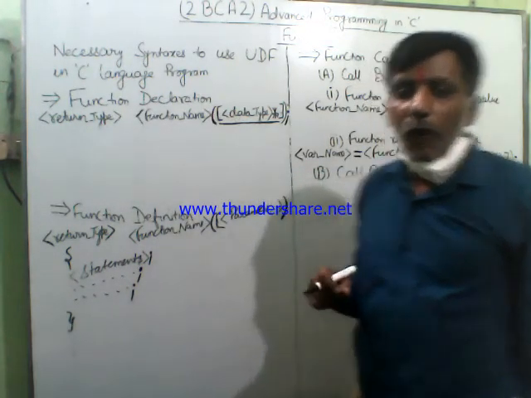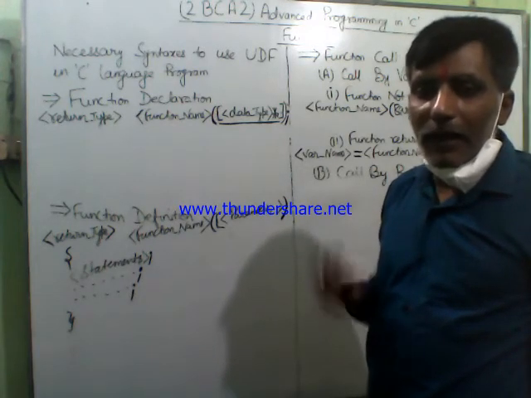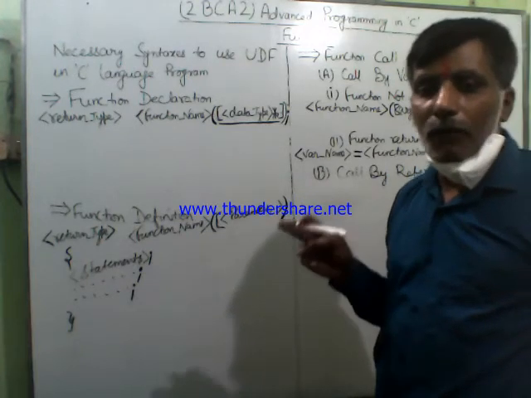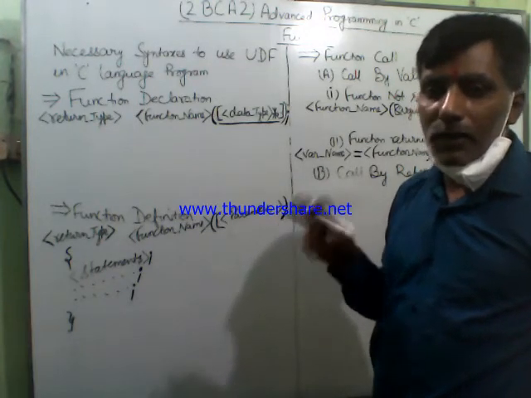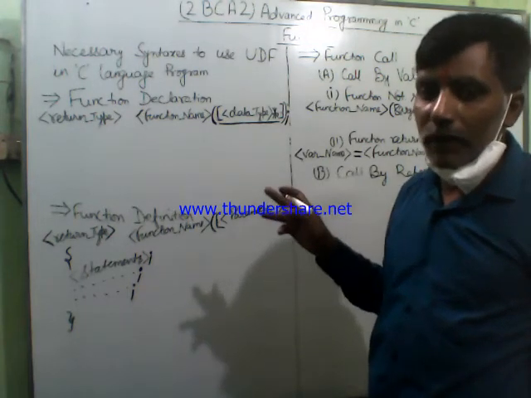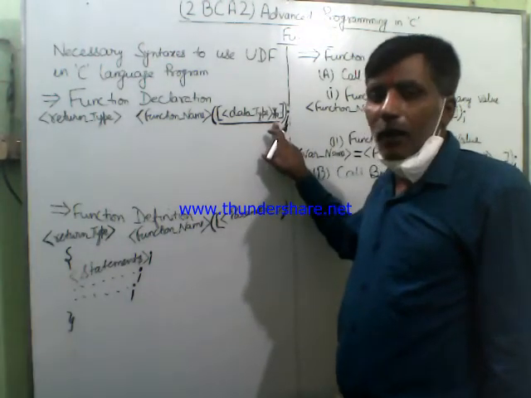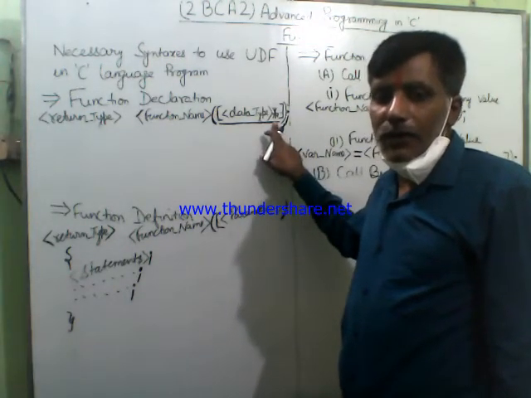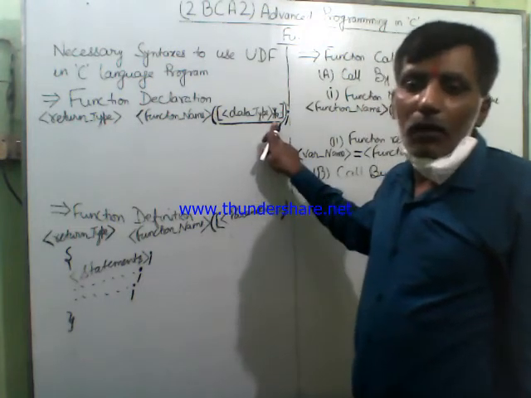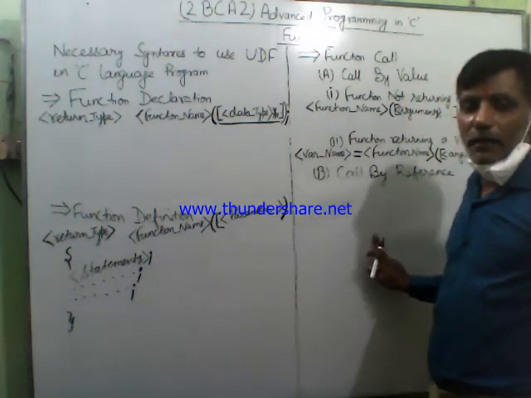But when you are going to call your user defined function by using call by reference method, then within the syntax of function declaration, you have to put the dereference operator asterisk so that you can call your user defined function by using the call by reference method.